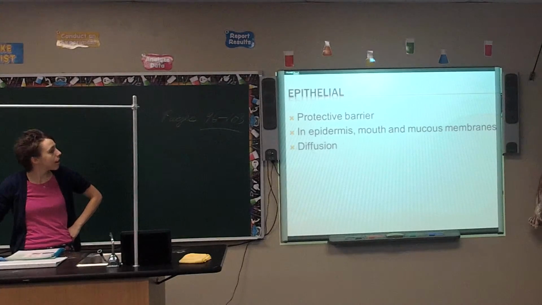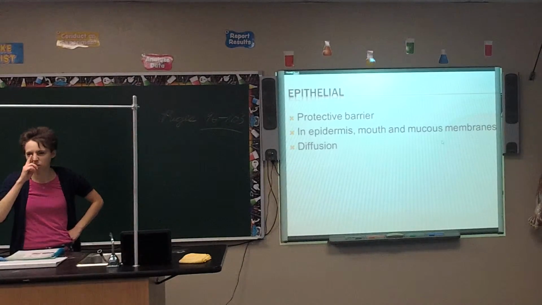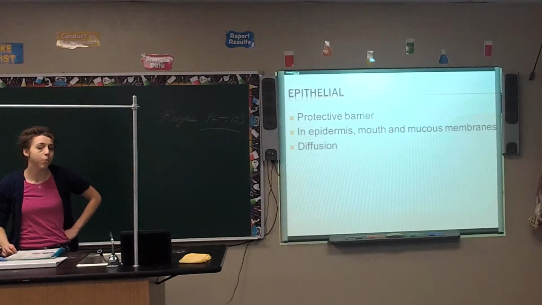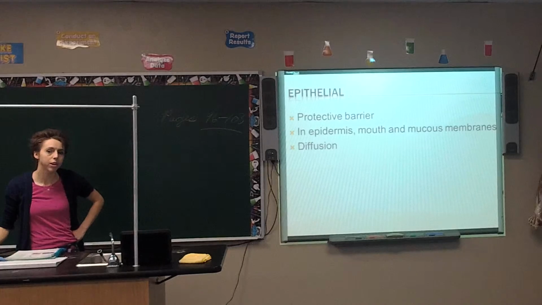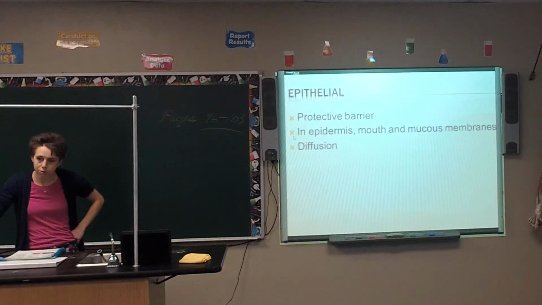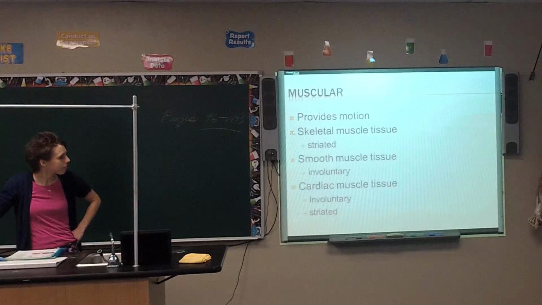So diffusion is how they get their oxygen and their nutrients. We have it in your epidermis, in your mouth, and mucous membranes, like your nose. Basically, anything that's exposed to the outside of your body probably has an epithelial layer on the inside of it to help protect it. So diffusion is how it gets its nutrients. So that's the first type.